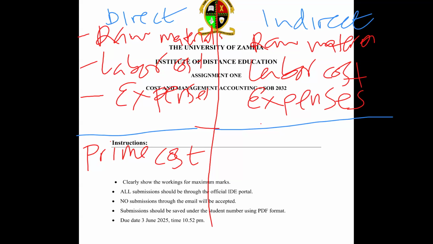The amounts we pay them is direct labor costs. Is that clear? Those are direct wages for that matter. Why are they direct? Because as a company, we exist to teach and train. And so these people that are involved in the teaching and training, their wages shall be called direct wages, hence direct labor costs.